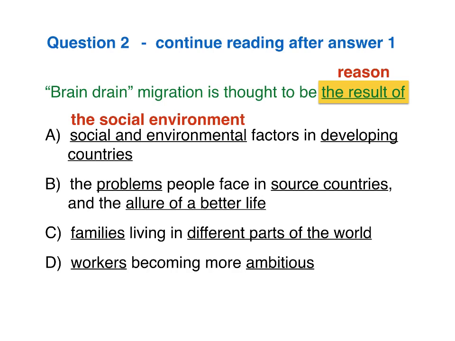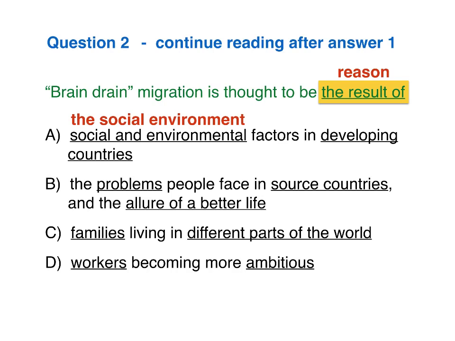The social environment doesn't mean the same thing as social and environmental. The social environment is the social factor only, the social situation, whereas social and environmental are two separate factors. That's a trick there. Also, we didn't see anything about developing countries. We saw source countries, but they might not necessarily be developing countries.